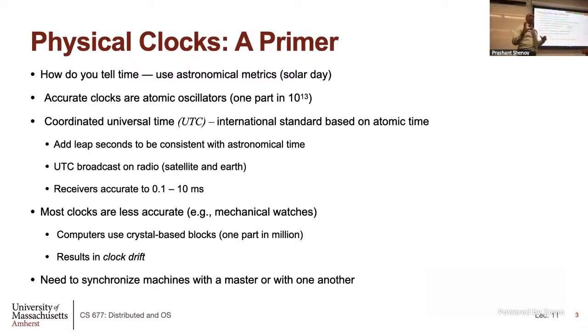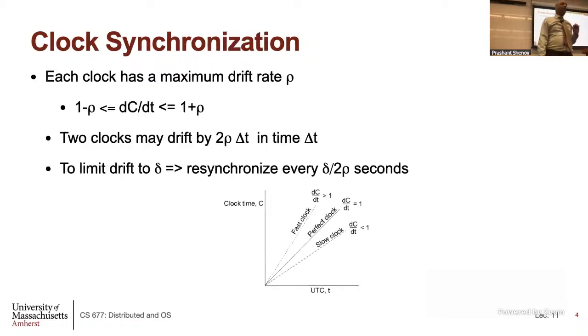So this problem where an actual clock drifts from real time is called clock drift. Okay. So the clock is drifting away from real time. And then we want to resynchronize this clock so that essentially the drift is brought back to something close to zero. Okay. That way, that clock will now again tell you time that's more accurate than what it was telling you before. Okay. So that's basically a primer on clocks.